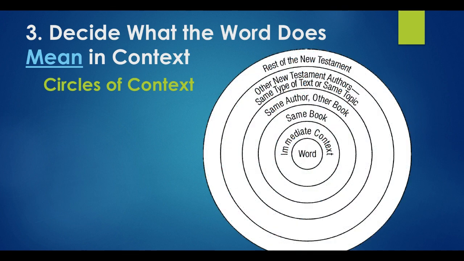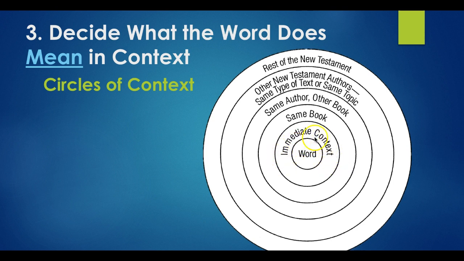So when we think about context, you'll see the circles of context. And here in the very middle is the word itself. So what's going to help determine the meaning of this word is the immediate context. That's probably going to be the sentence that it's in. Well, maybe that's not helpful enough, so maybe you would go out to the paragraph.